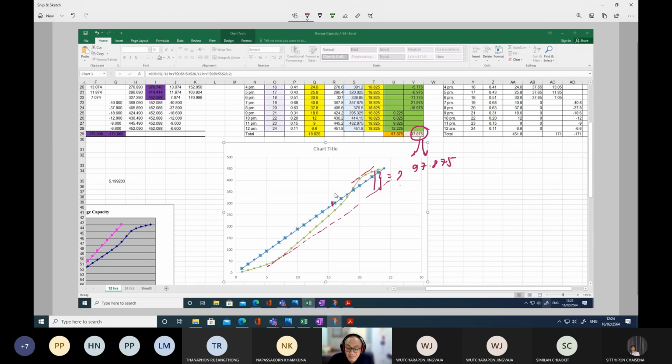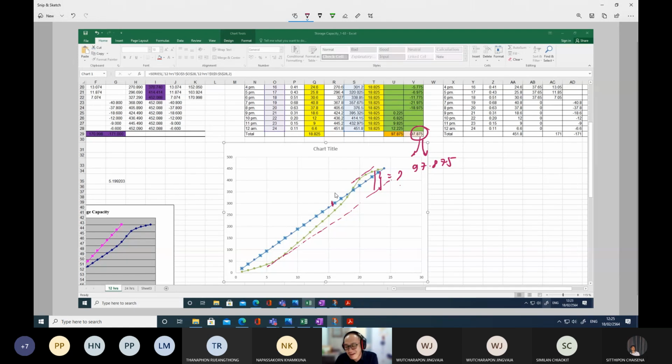Both methods are basically the same, just a different way of achieving the number. Okay, so this is how we determine the pumping and storage capacities.